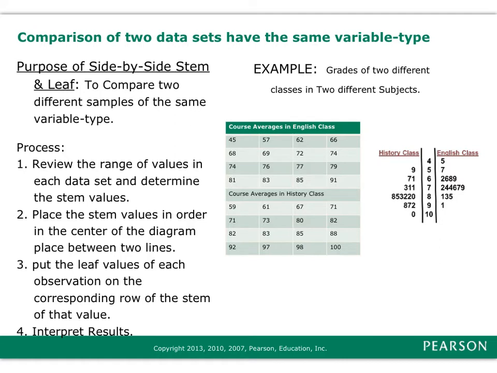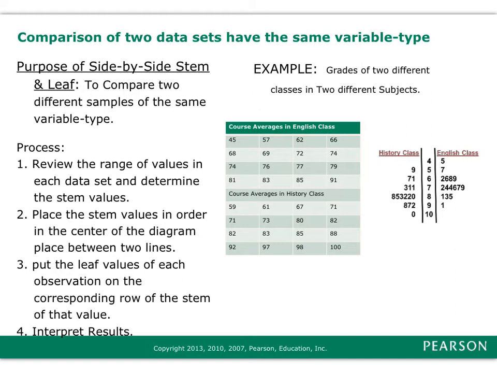Once we've placed the stem values in order, in the center of the diagram between the two lines, the stem values in this case go from 4 to 10, 4 meaning 40 and 10 meaning 100. We put the leaf values of each observation on the corresponding row of the stem of that value, and then we interpret the results.